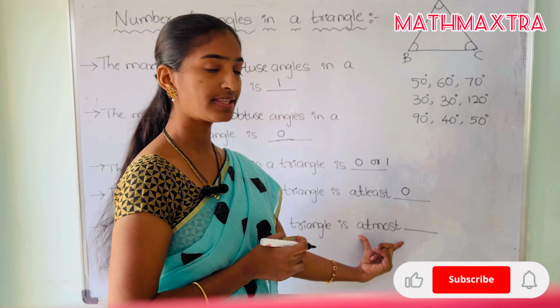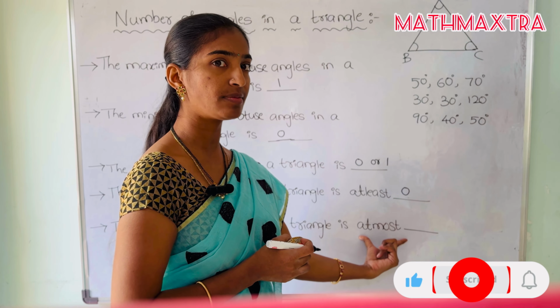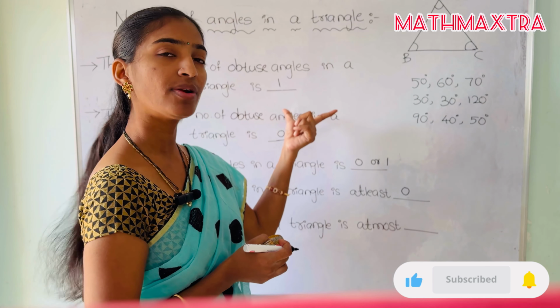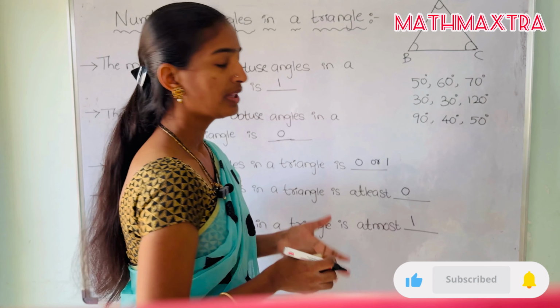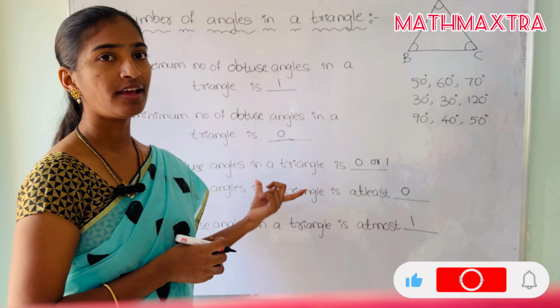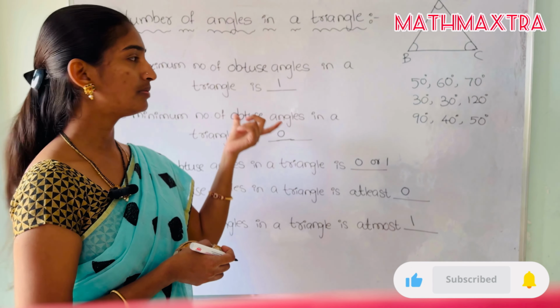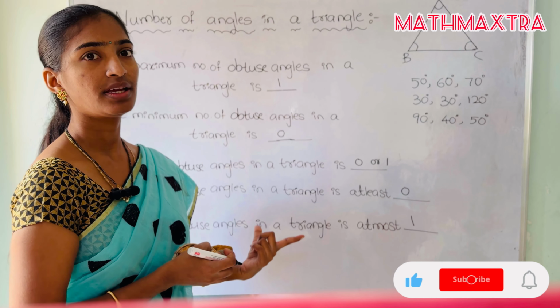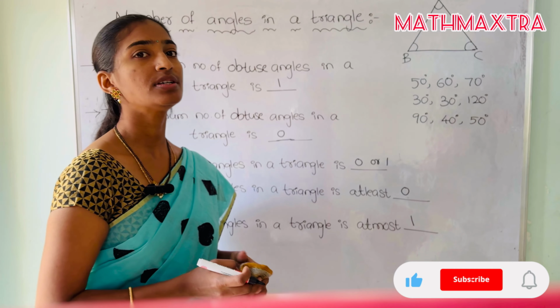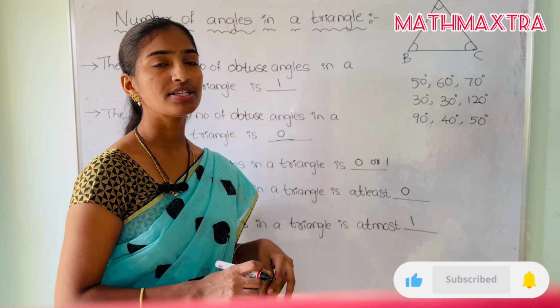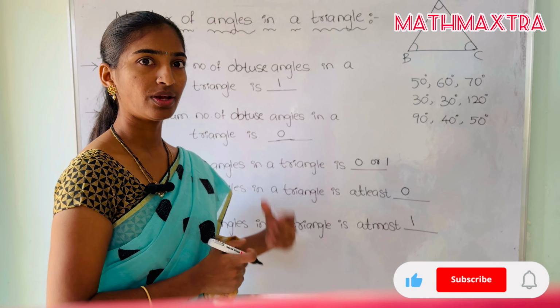Here in this case you have to consider the maximum. How many maximum obtuse angles are possible? 1. So this is the way we have to answer the theoretical questions in the exam. Okay. There may be a chance of asking this type of questions. Okay. Thank you.